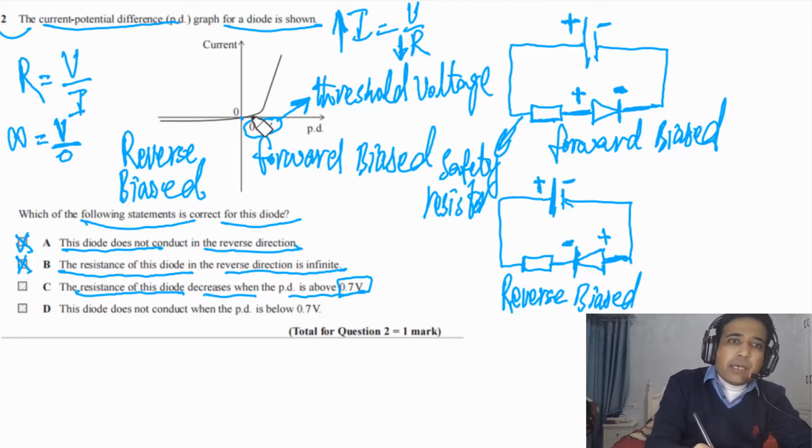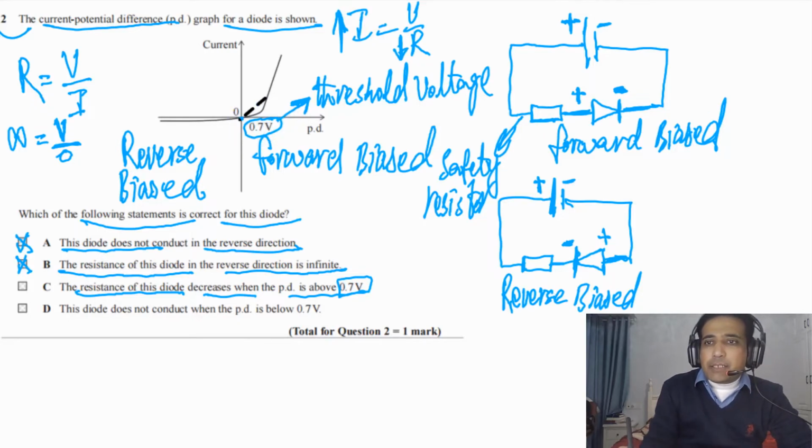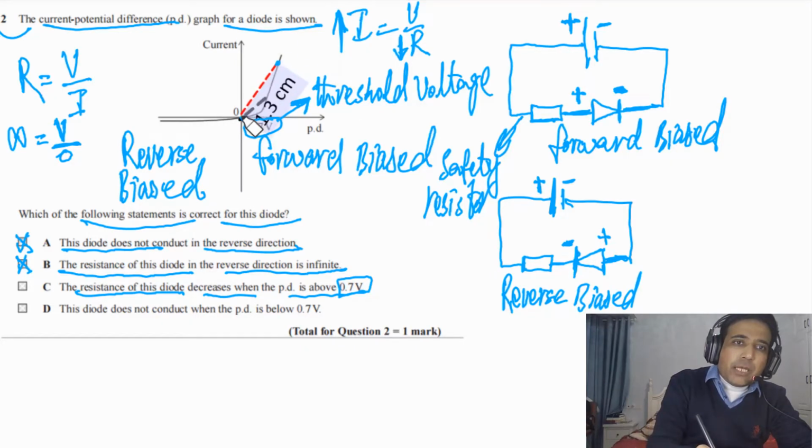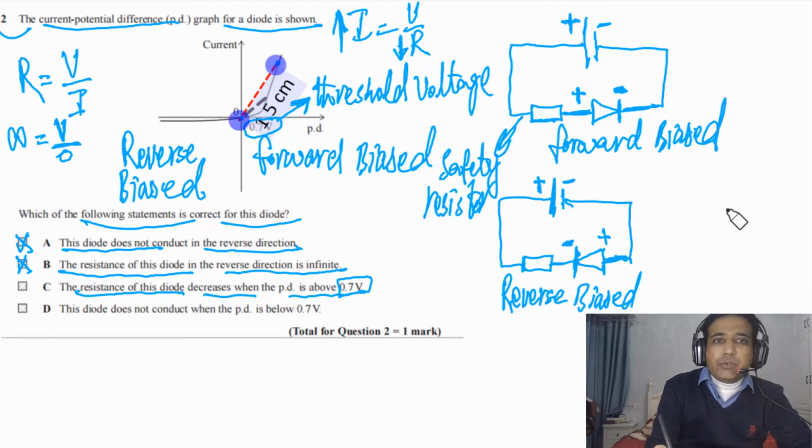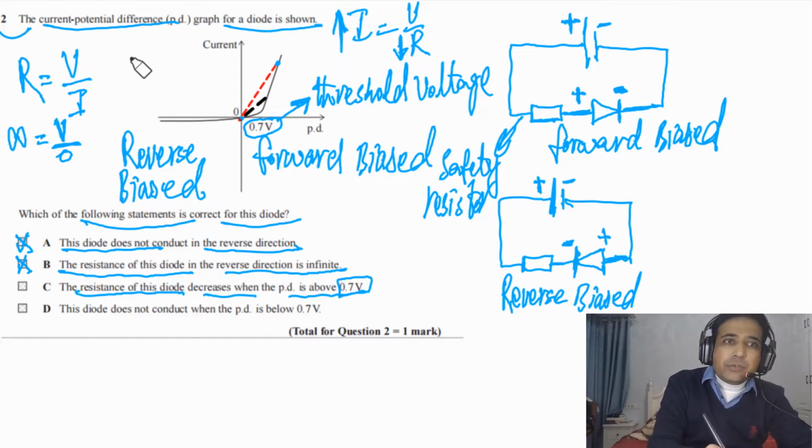Let's say first of all we look at the resistance at this point, so I can draw this dotted line here, and then I can look at resistance at this point. For that purpose I also need to draw another dotted line. If you look at the gradient of these two lines, the red line is steeper, then this one is shallower. What does it mean?